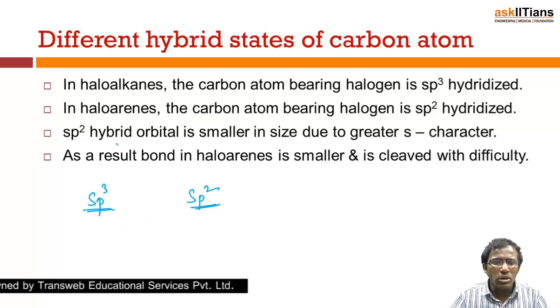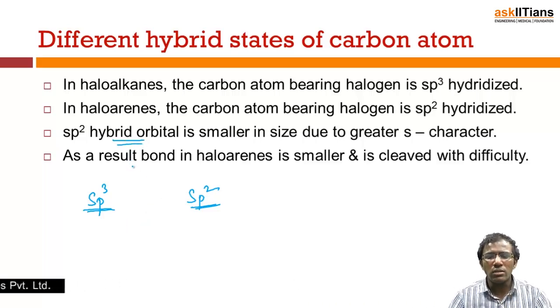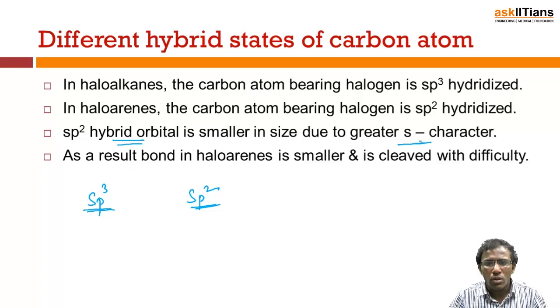The sp2 hybrid orbital is smaller in size due to the greater s character. Here the percentage of s character is 1/3, that is 33%, but in sp3 it is 25%. Because of the high s character, the sp2 hybrid orbital is smaller in size, so the carbon-halogen bond in haloarenes is shorter and is cleaved with difficulty. This is the other reason.